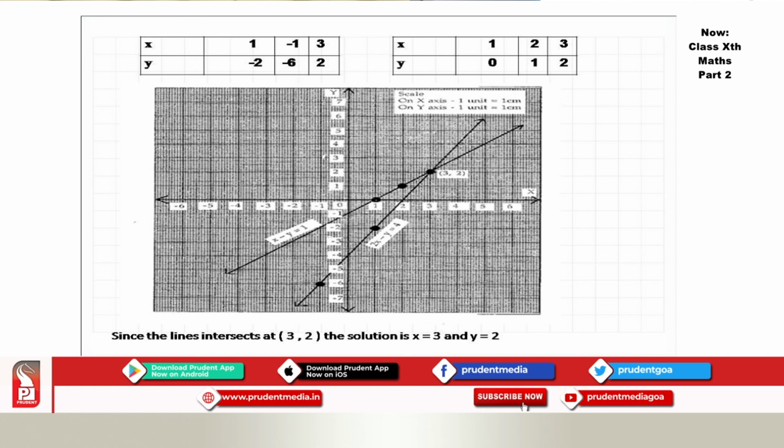I have marked here point 1, 2, 3, 4, 5, 6. The right side, now this is the origin. This is the origin where x axis and y axis intersect, that point is called origin point. Now origin is always 0, 0, but on the graph page we never mark that 0, 0 there.